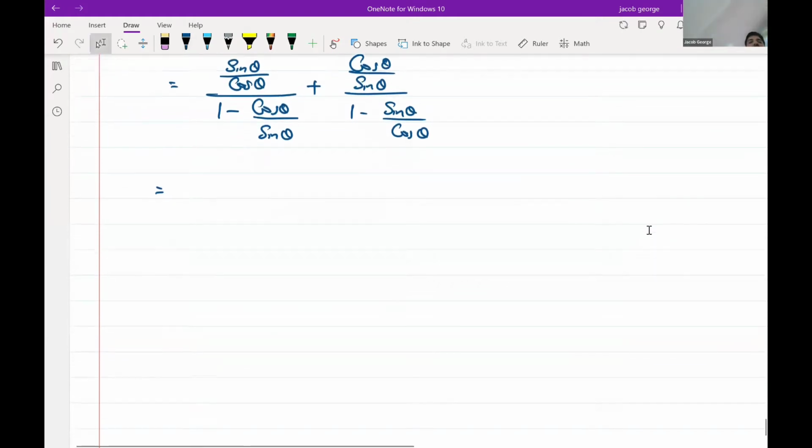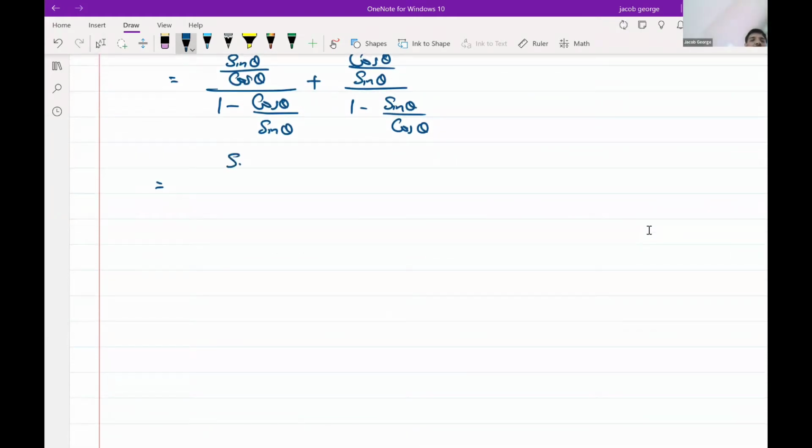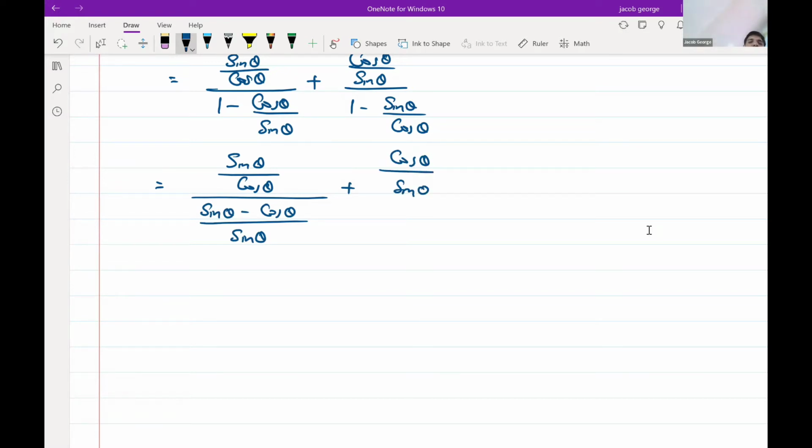That is sin theta by cos theta upon sin theta minus cos theta all divided by sin theta plus cos theta by sin theta all divided by cos theta minus sin theta by cos theta.